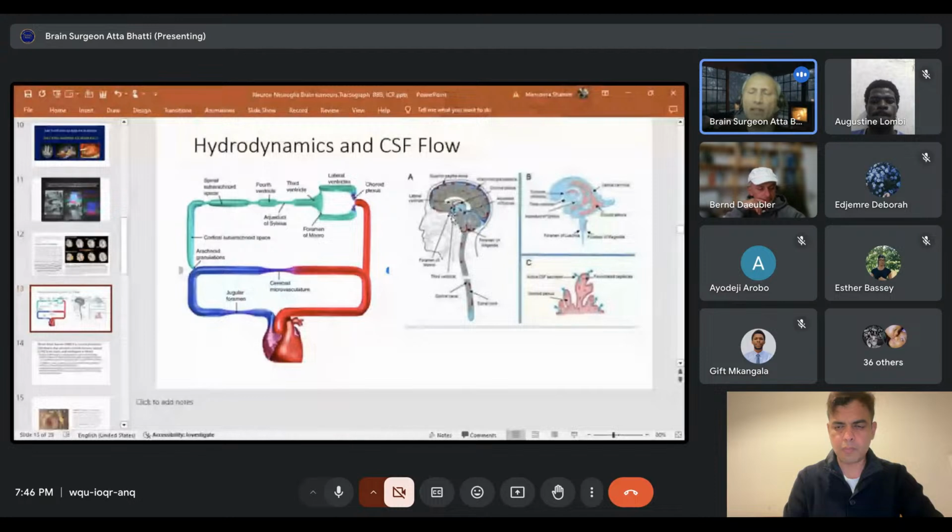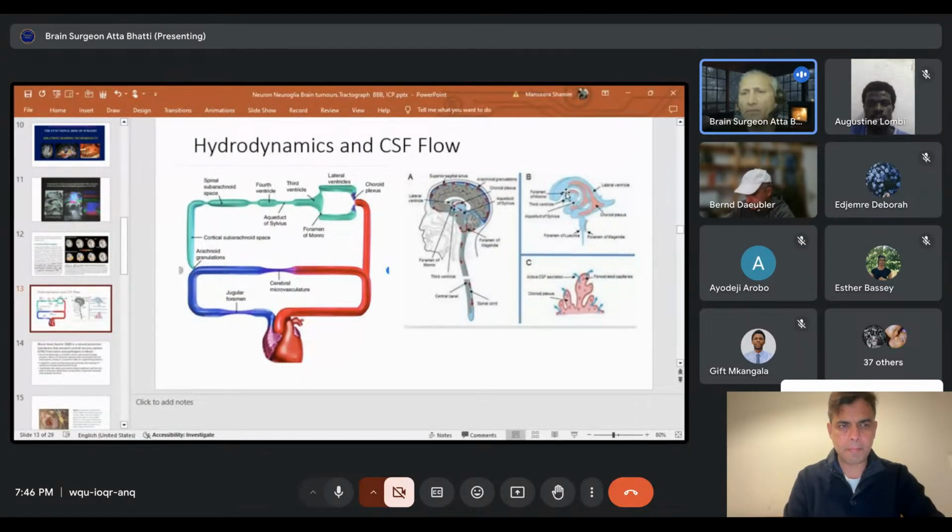So ependymal cells, the choroid plexus cells, secrete the cerebrospinal fluid constantly. So these ventricular systems are the cavities of the brain, and the cerebrospinal fluid circulates within the ventricular system.